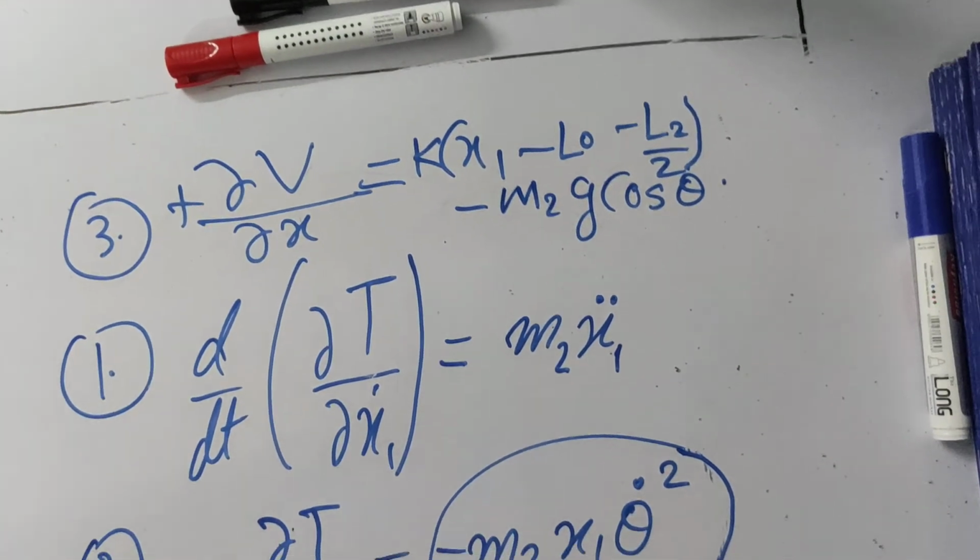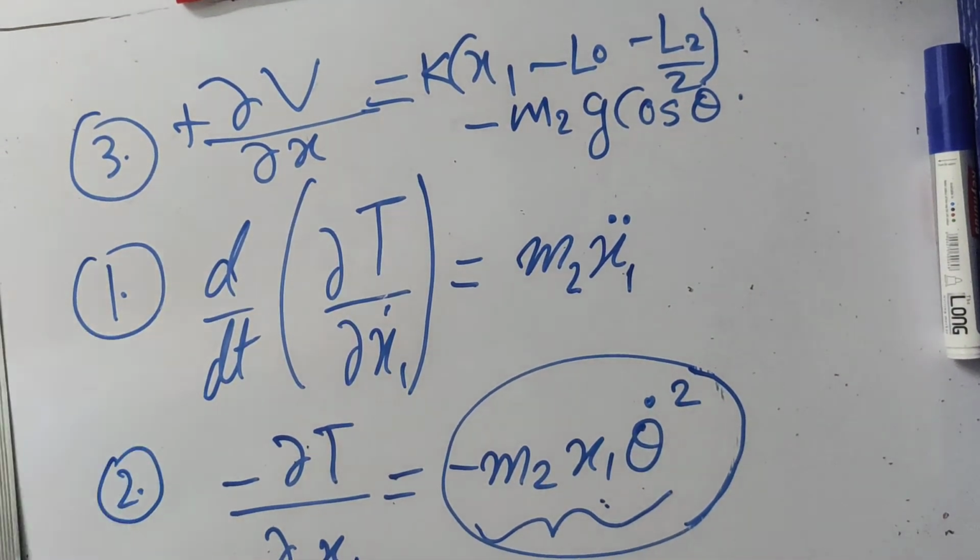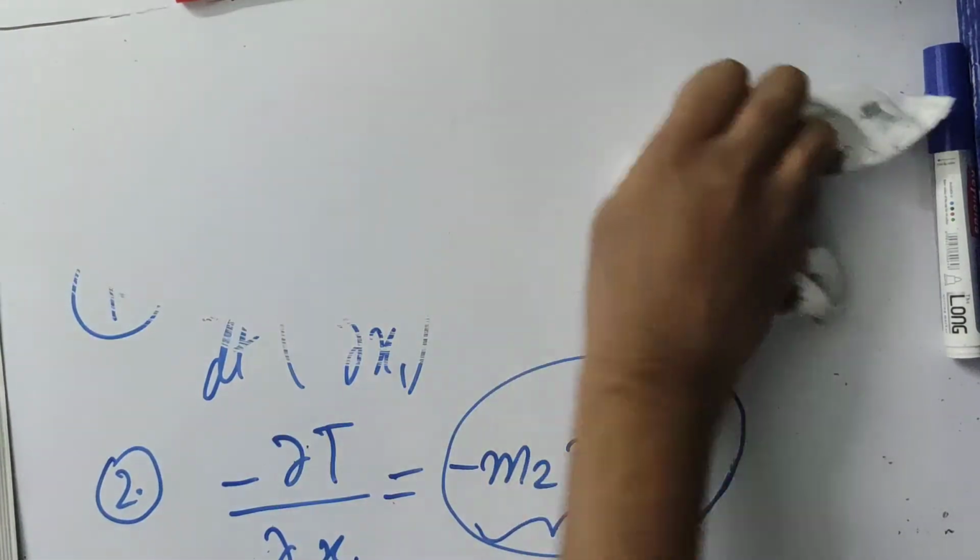And so what is our LHS? If we add them, we get our LHS, right? So I write the LHS for once, then I'll rub it off to get the RHS.